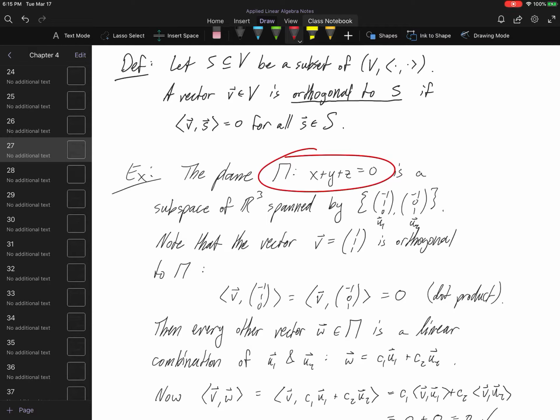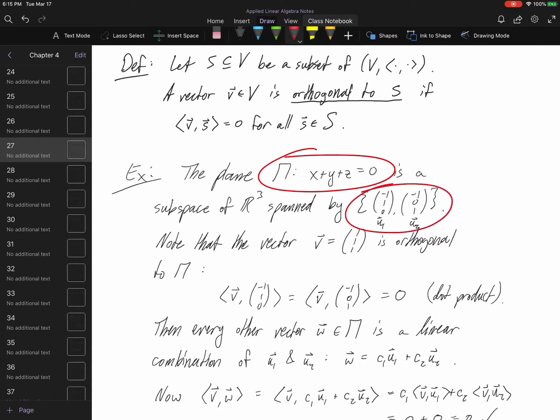As an example, this plane here, capital Pi, is the equation x plus y plus z equals 0. So there's an algebraic equation whose locus is going to tell us about a geometric object sitting in R^3, and this is going to be a plane. I can solve that: z equals minus x minus y.